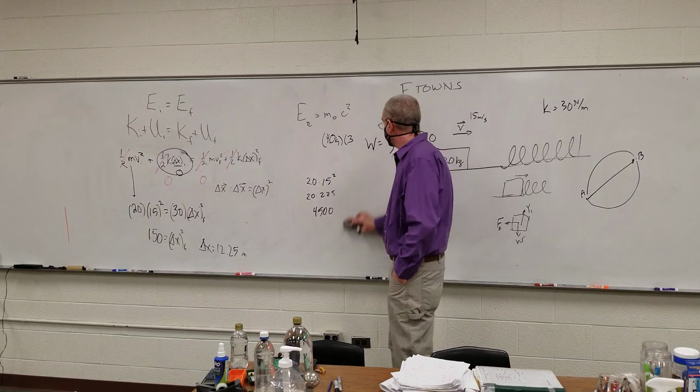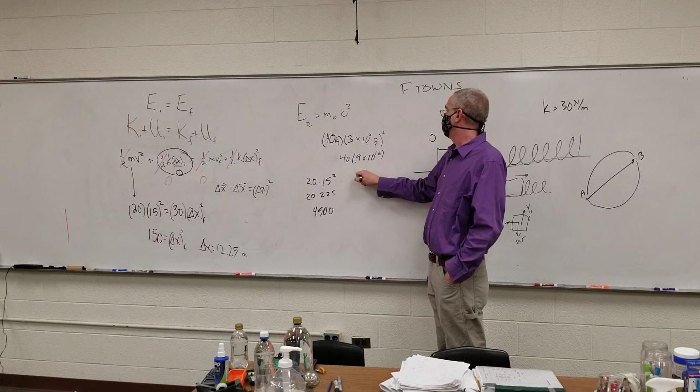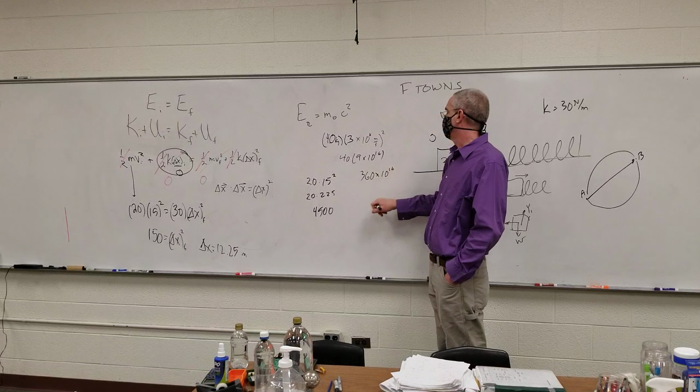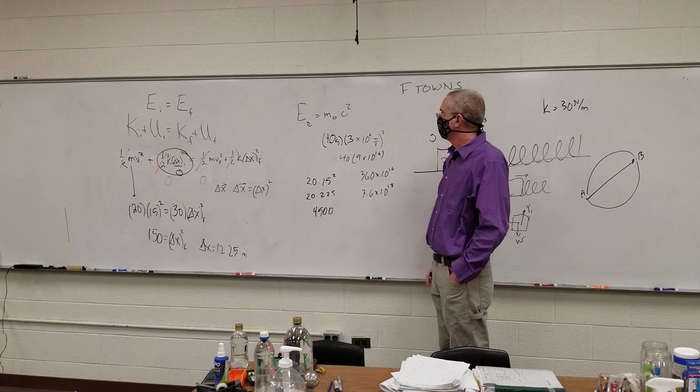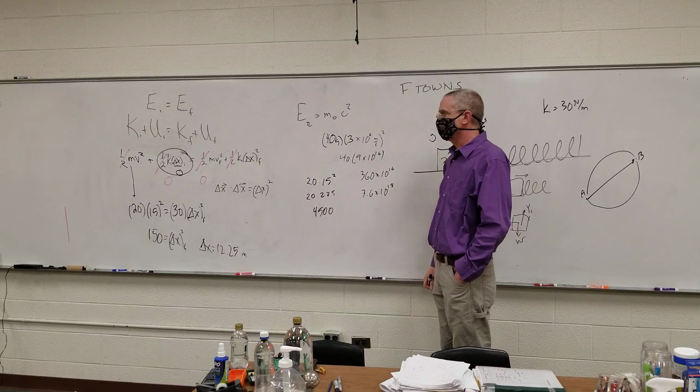And so it's 40 times 3 times 10 to the 8 squared. So 40 times 9 times 10 to the 16, which is 360 times 10 to the 16, or 3.6 times 10 to the 18.